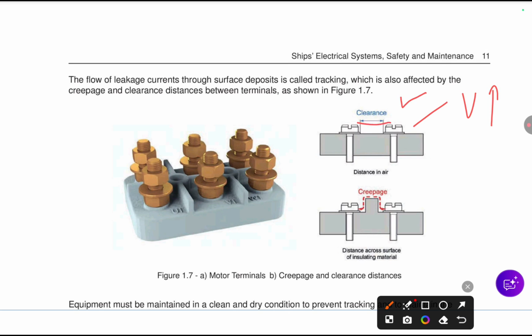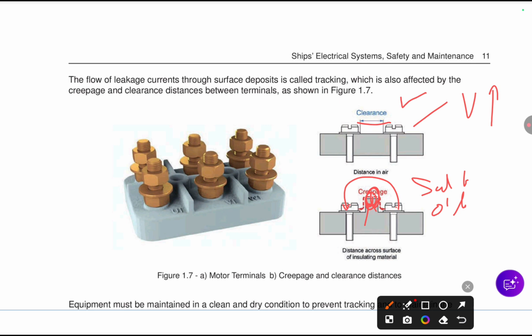As for creepage, with time salt, oil or water deposits on the surface will affect it. So we need to maintain it and clean it during maintenance, so that the current will not pass from here to here.